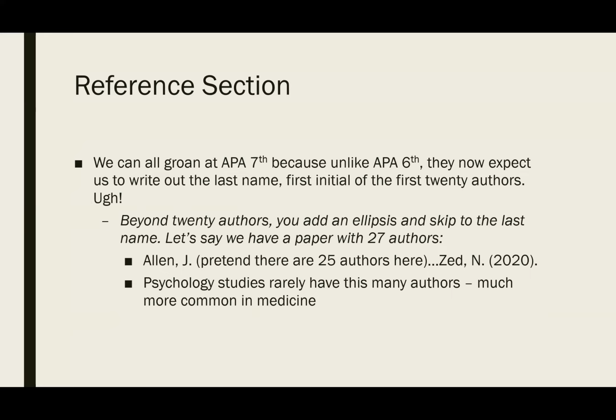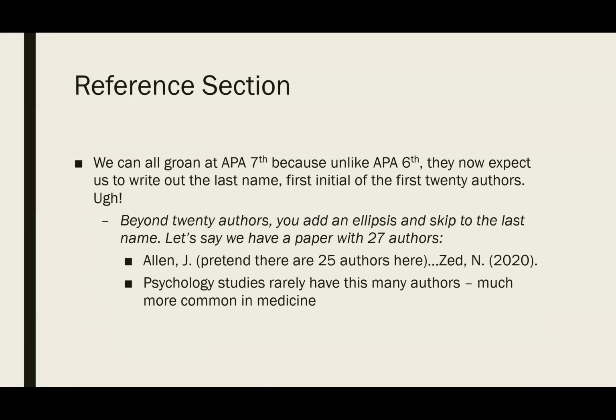So a note about APA 7th edition, we can all groan at it because unlike APA 6th, they now expect us to write out the last name and first initial of the first 20 authors. So that was different. It was actually shortened before. But if there are more than 20 authors on a single reference, you are able to shorten it. You add an ellipsis and you skip to the last name.